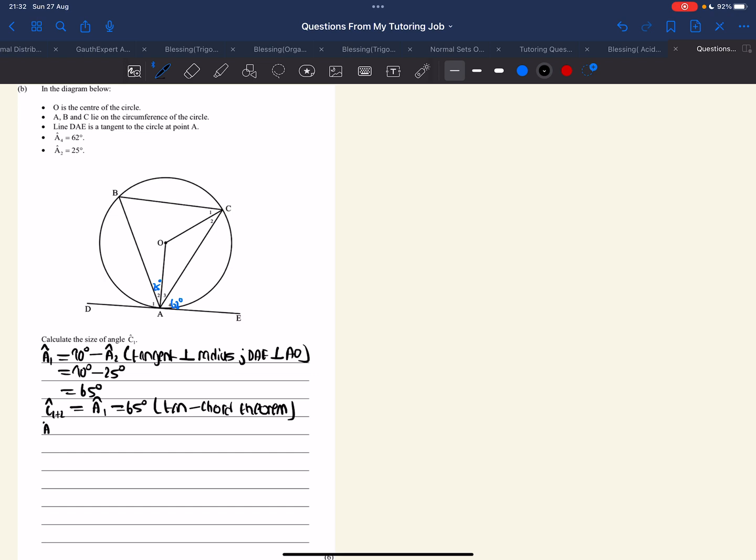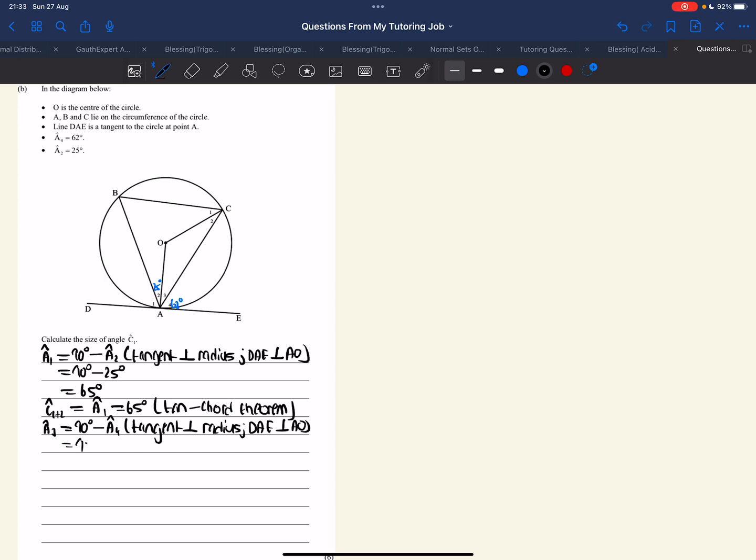Angle A3 is equal to 90 minus angle A4, and the reason for that is tangent perpendicular to radius, because DAE is perpendicular to AO.